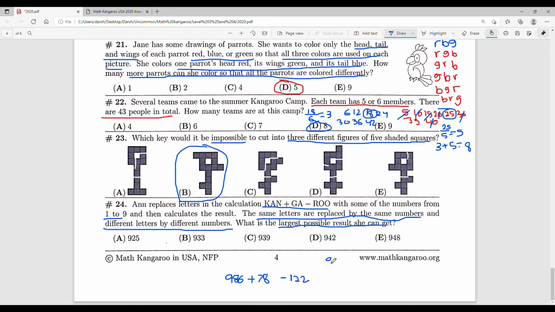So the first step, let's do 986 plus 78, so we get 1064. So now we want to do the next step, and we want to subtract 122 from this.